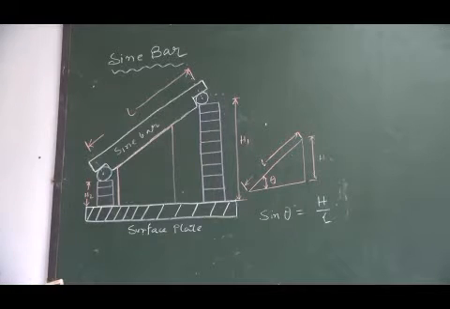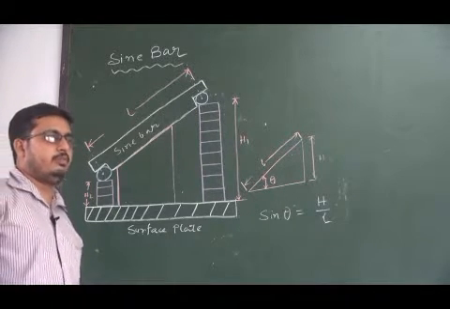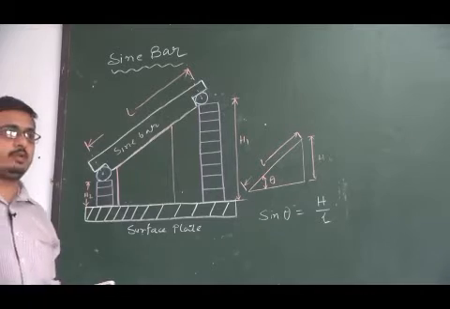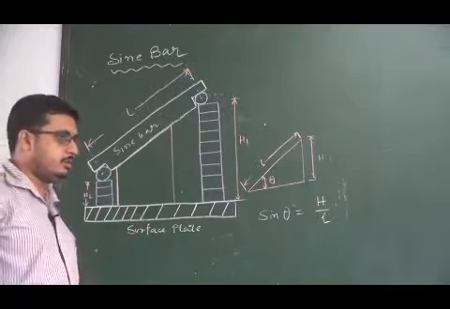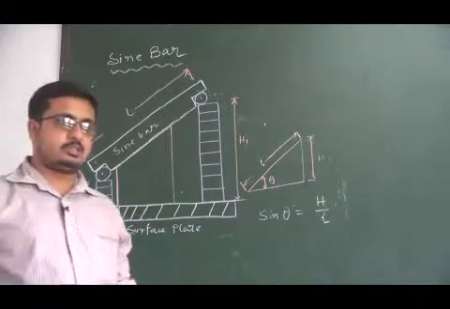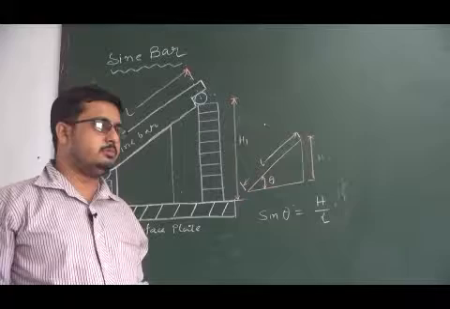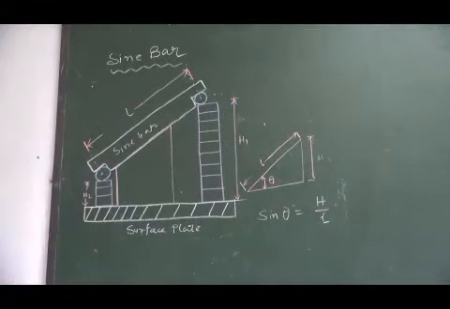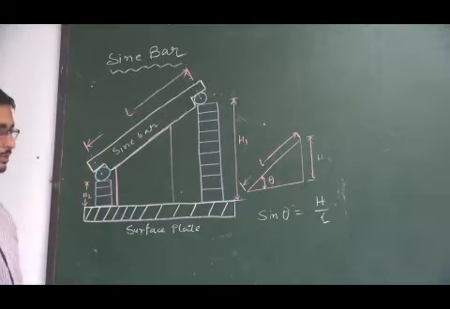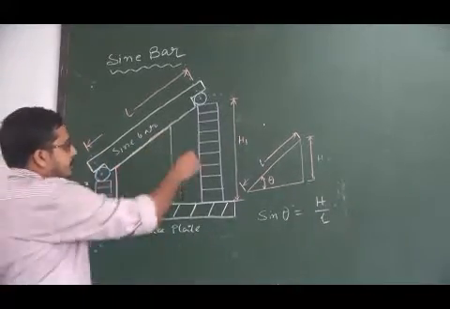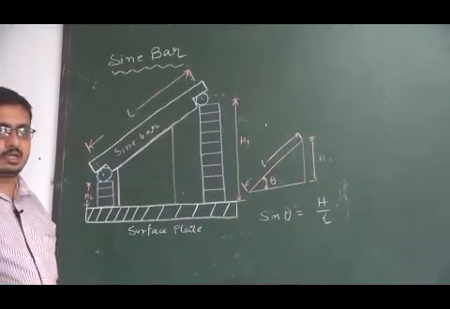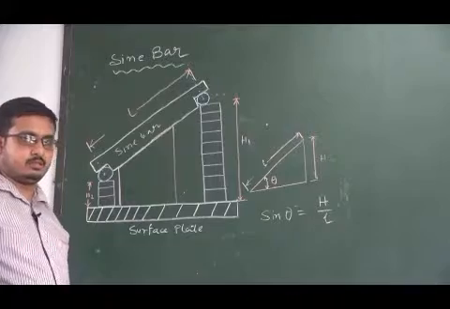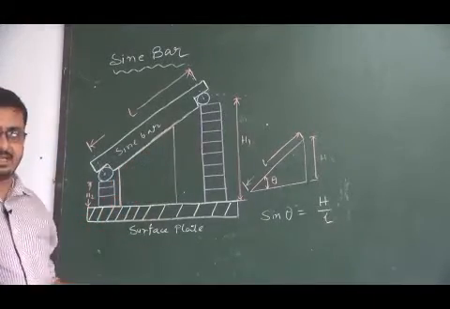Why is it indirect? Because with a protractor or a bevel protractor we can measure an angle through the scale of that tool. But here we measure the angle with the help of the sine bar and slip length. Slip length means a number of slip gauges are wrung together, and then it produces a slip length.